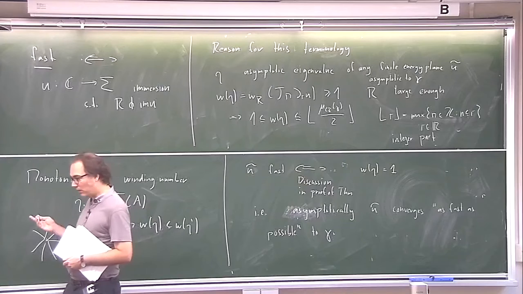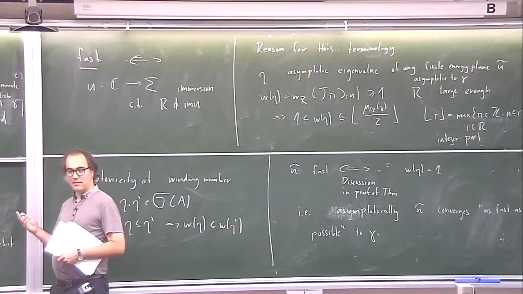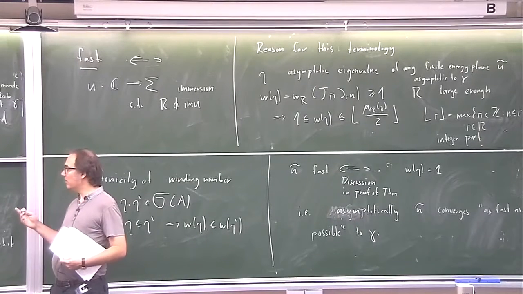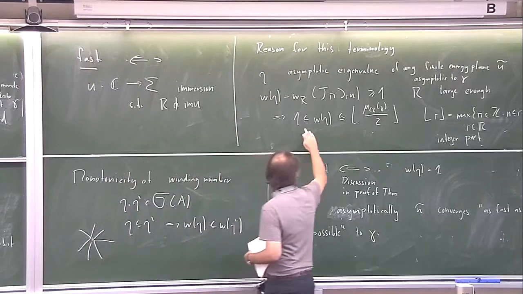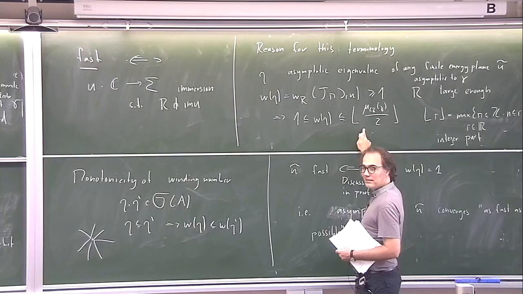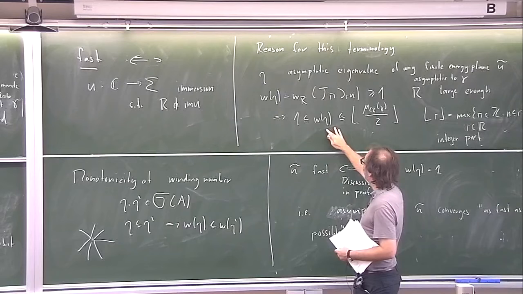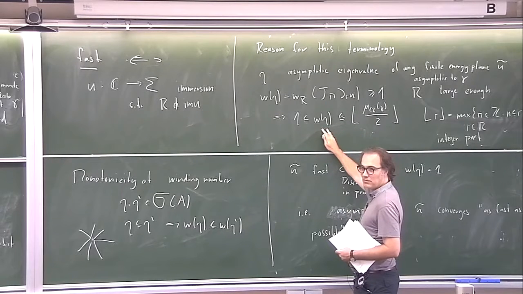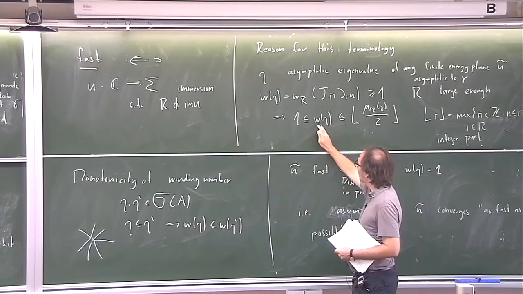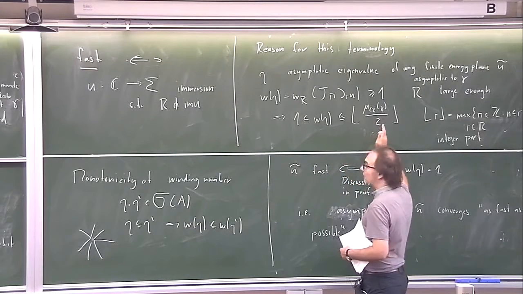No, you can also have a periodic orbit of bigger Conley-Zehnder index with fast planes. But then you don't have what you see here. If it's 2 or 3, then this is 1. But if it's more, then you can also have other finite energy planes which have asymptotic winding number bigger than one, so they are not necessarily immersed.